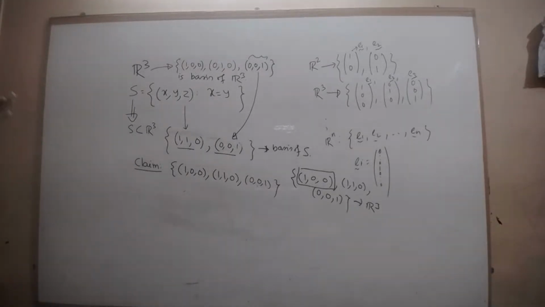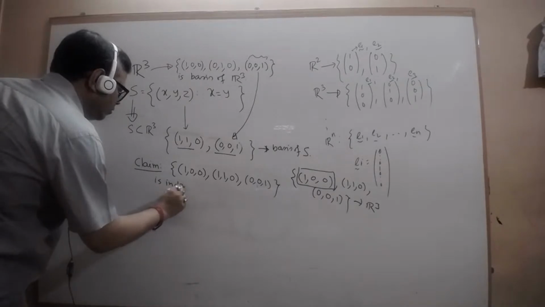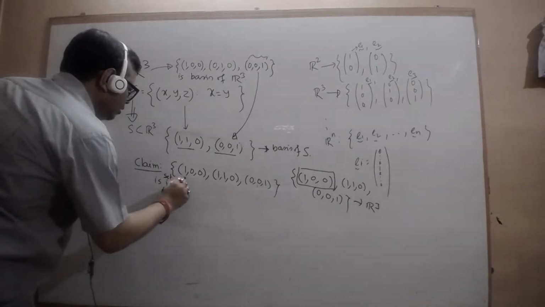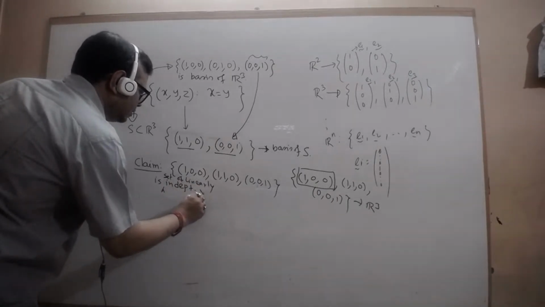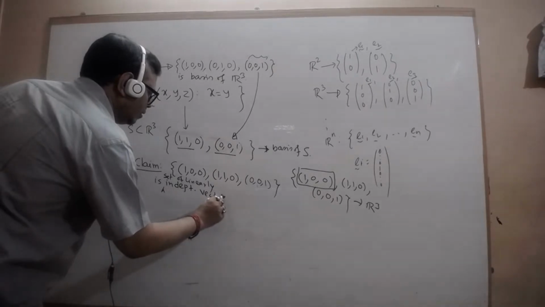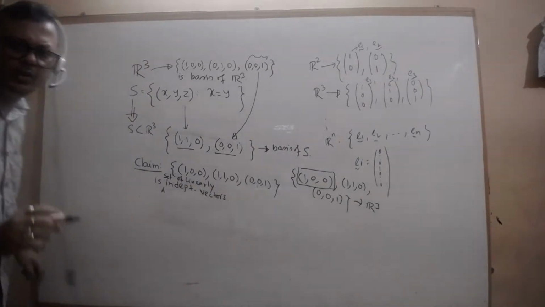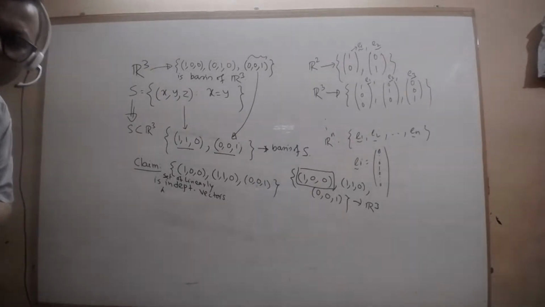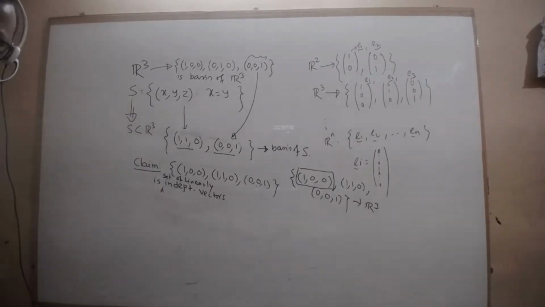So the claim is this is a set of linearly independent vectors. C2 and C3 are both scalars. Whatever in C2 or C3 doesn't matter.